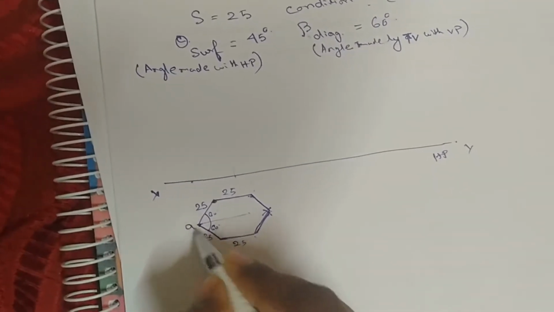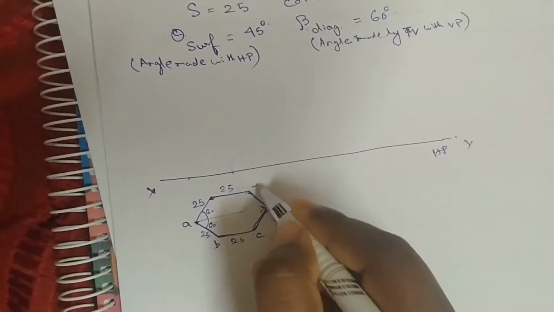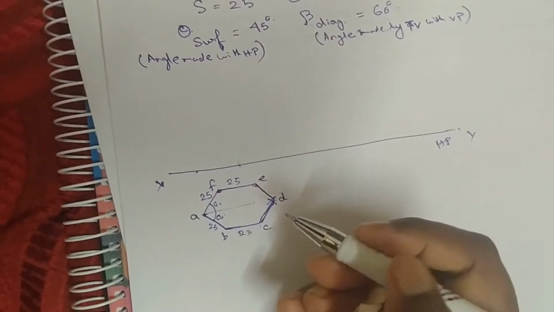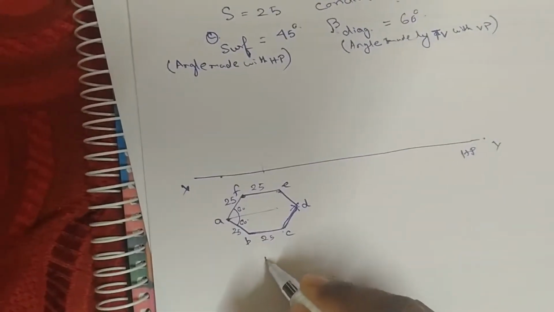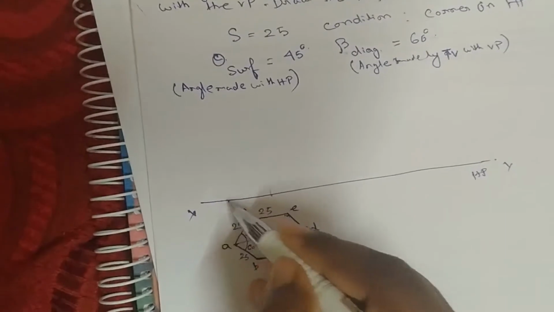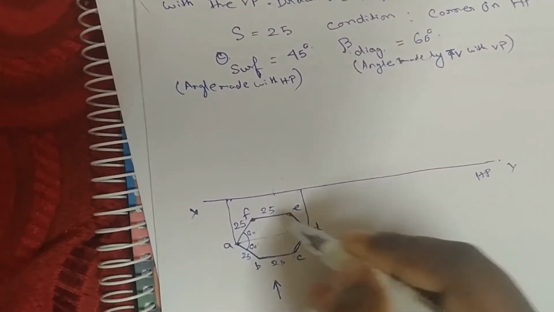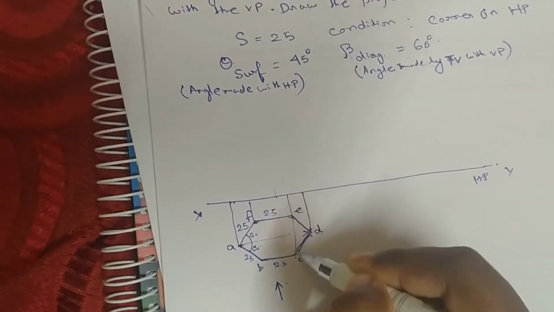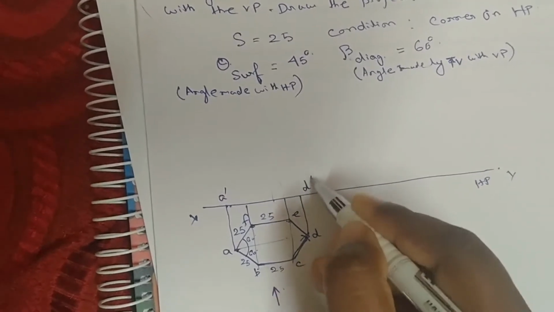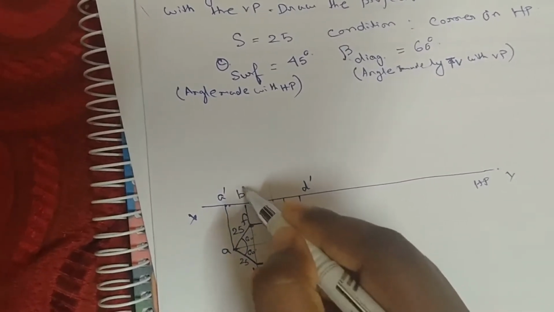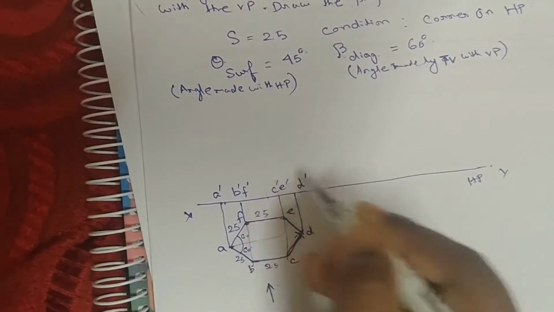I am going to name all those points A, B, C, D, E, F. After that, this is our top view. So if we see from the front, what are we going to get? A dash, D dash, B dash, F dash, C dash, E dash.